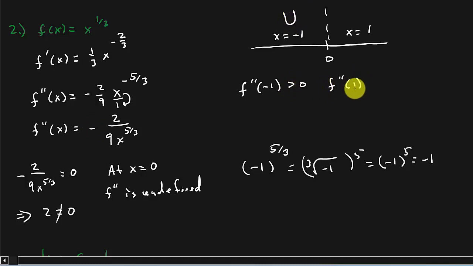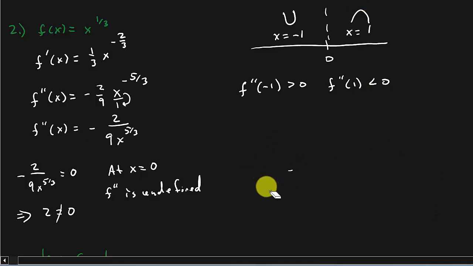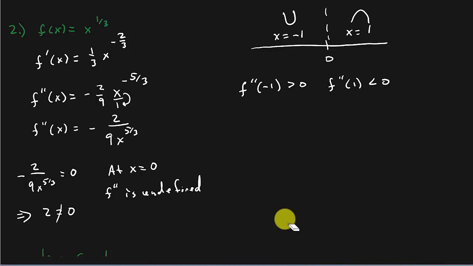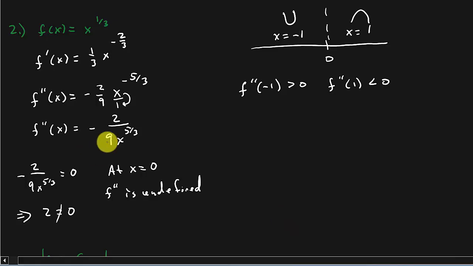And then f double prime of 1, well, that's +1, so that's 2/9 with the negative in front. That's less than 0, so that's concave down. And like I said, you can do that in your head really quick, or you can spend some time punching it into the calculator. Well, I don't guess it's wasting your time if you get the right answer, but you ought to be able to do that real quick in your head.